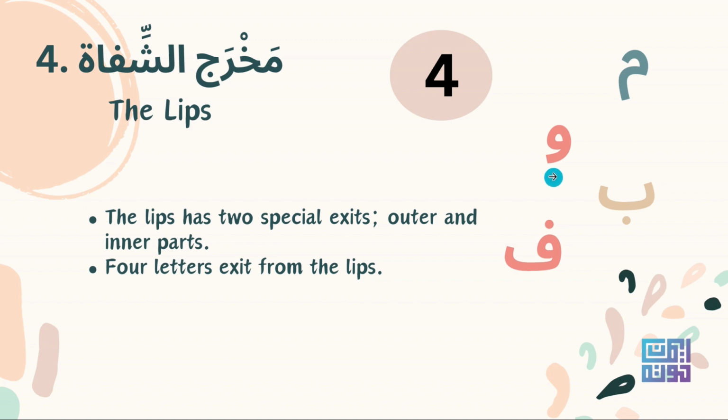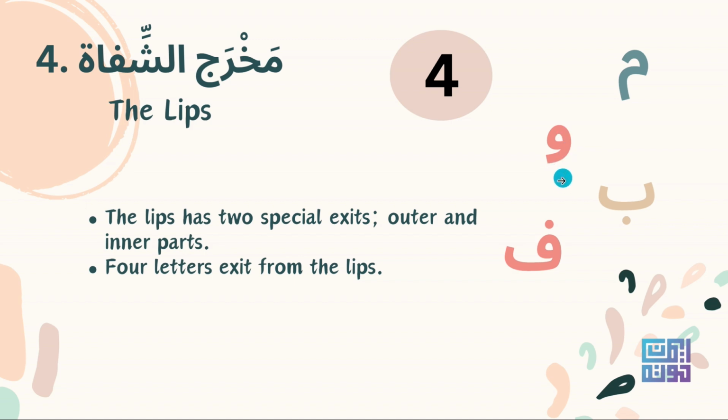What about the wow? We say ow, ow. And here it's another wow. Okay, it's not the wow that's elongated. It's not the wow which we mentioned as a sukoon with a dhamma before that exits from the empty space. This is another wow which has a movement, or even if it is sukoon.